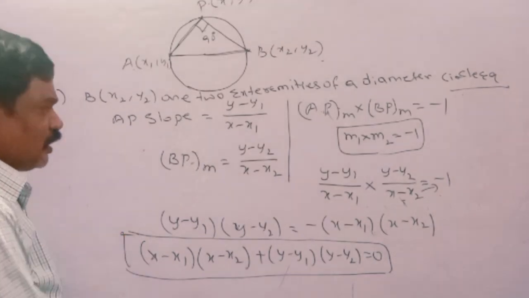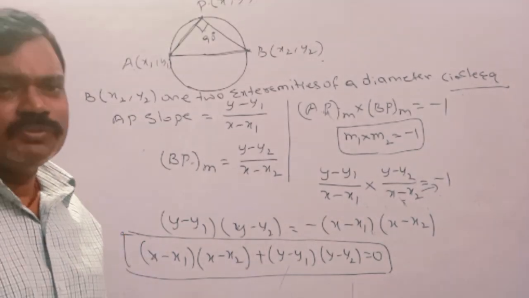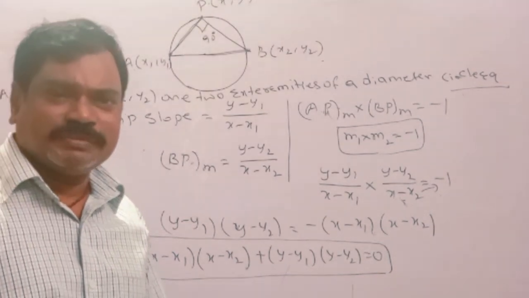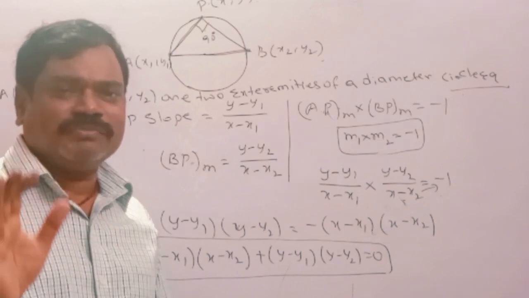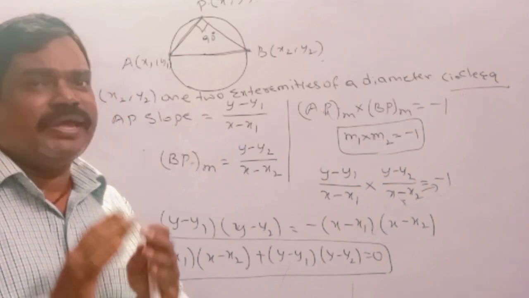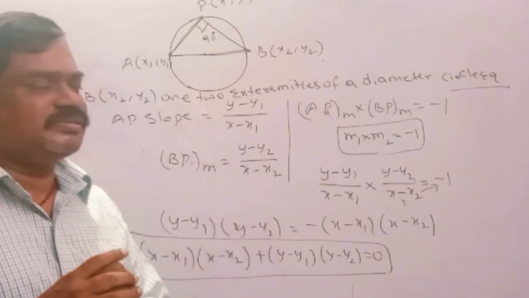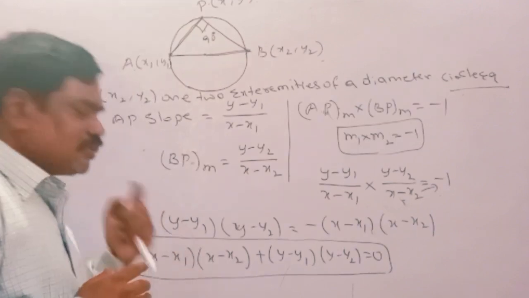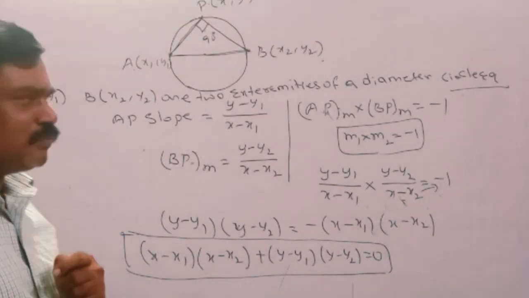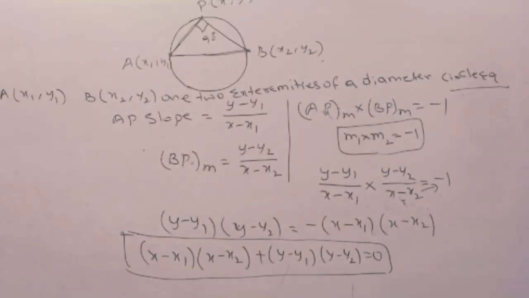So when two extremities of the diameter are given, the circle equation is this one. Okay, all of you, that's all.